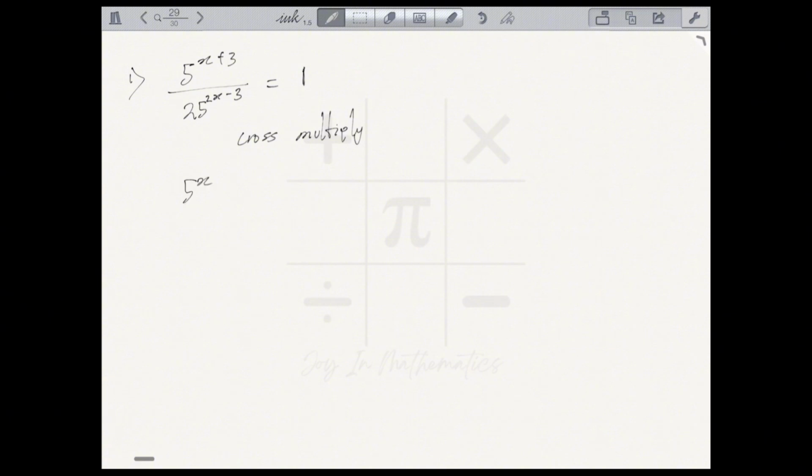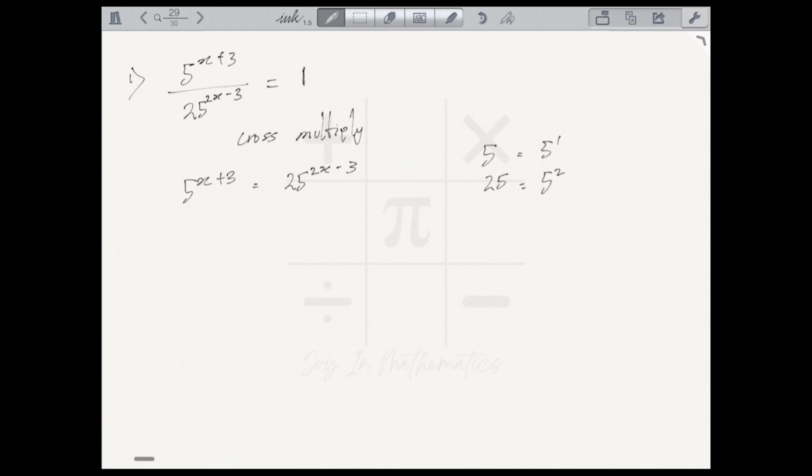So we have 5^(x+3) is equal to 25^(2x-3). With this done, we have to make sure that they are of the same base. We have 5 and we have 25. 5 can be written as 5 raised to the power 1, and 25 can be written as 5 raised to the power 2.